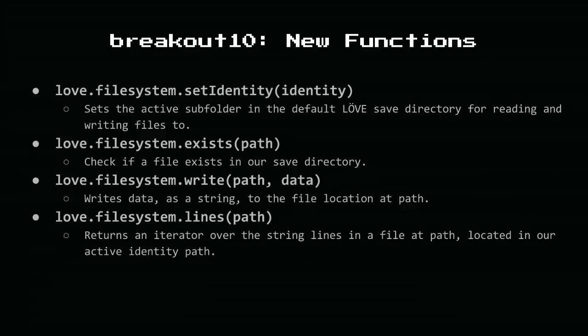So writing files to your file system is done with love.filesystem, and there are a few things. Love automatically gives you a save directory that's pretty much hard-coded. There are a few exceptions as to how to not use that directory, but it assumes that you're always using that directory.